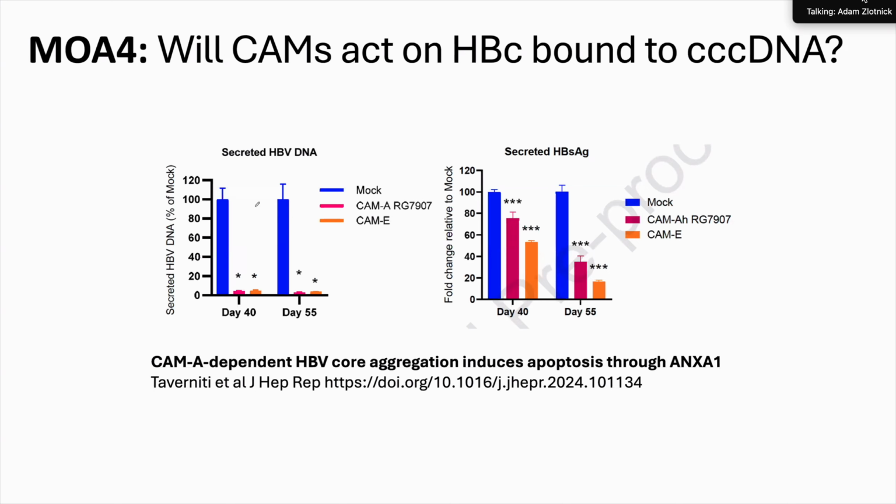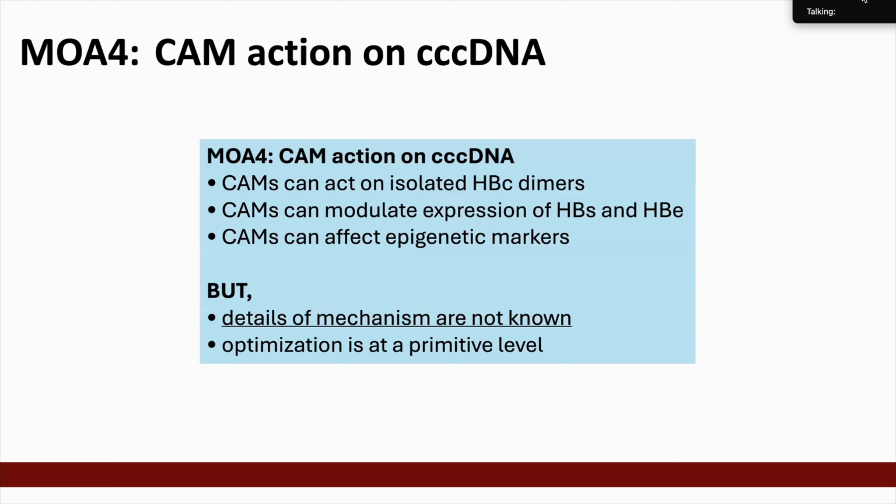Interestingly, as expected, both the CAM-A and the CAM-E were very good at suppressing viral DNA production, but unexpectedly, both the CAM-A and the CAM-E effectively suppressed S production. For the CAM-A, this is correlated with apoptosis. For the CAM-E, which had no effect on viability, the mechanism is in question. I would suspect it may be a transcription-dependent effect.